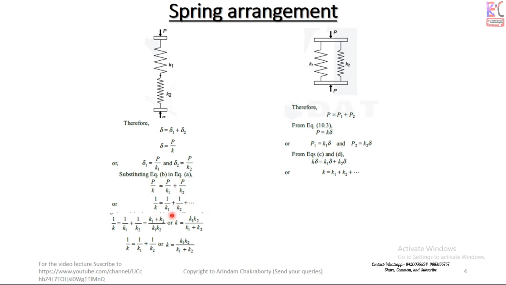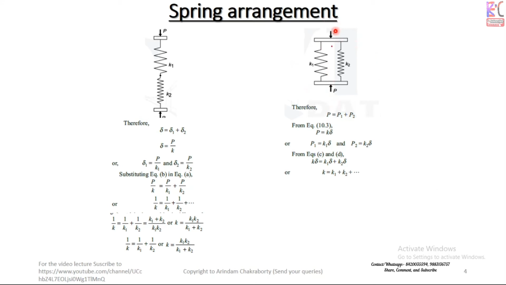That means for springs in series, I could write this formulation. That means just like capacitors: capacitors in series work like this, in the reciprocal form, and capacitors in parallel work by simple addition, like over here.